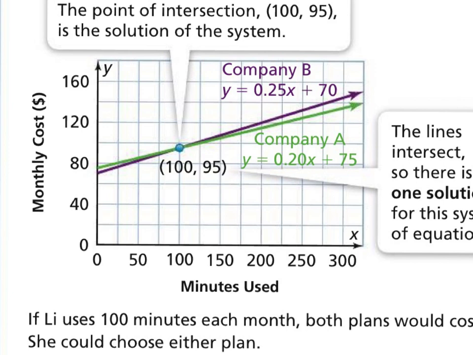So my argument against having you guys do all these problems in your book is that if you graph this, realistically, let's look at this graph. If we didn't know 95 was a point on both of those graphs, there's no way I would be able to tell that this point is 95. I got the 100, but how in the world did they tell that that's 95?